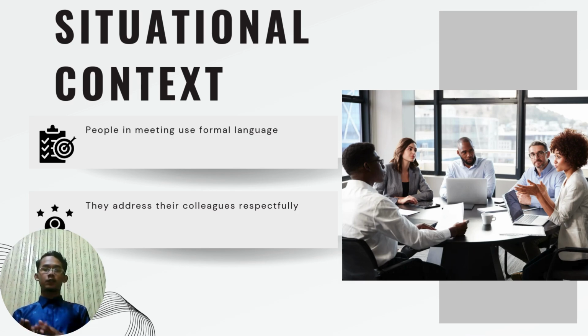Next, the participants. Maybe this is a meeting between workers and workers, or a meeting between a client and a worker, or a meeting between the boss and his co-workers.